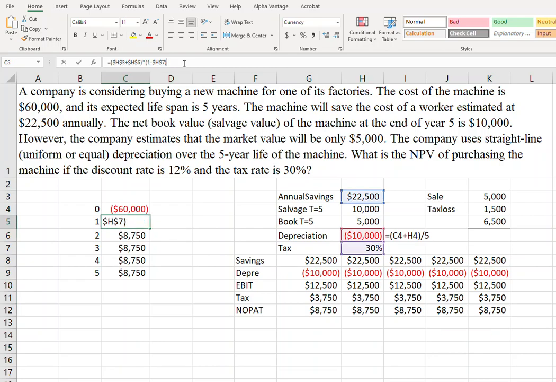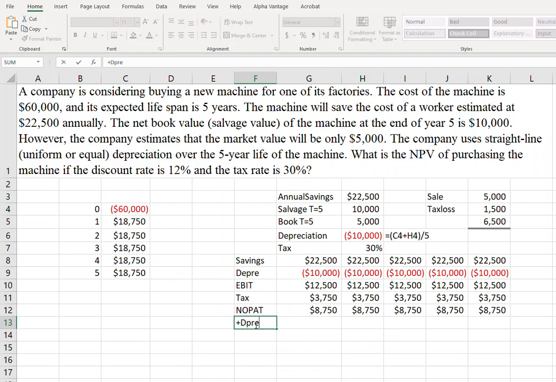So here, what we would actually do then is subtract the negative depreciation. So it adds it back in. And then we want to hit F4 just so it locks it in going down. And how that would look over here is plus depreciation.